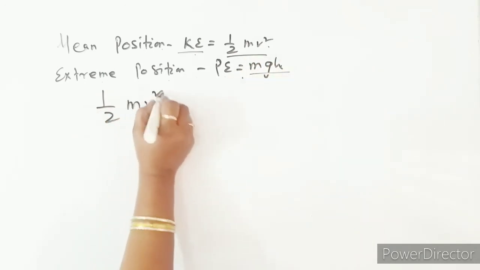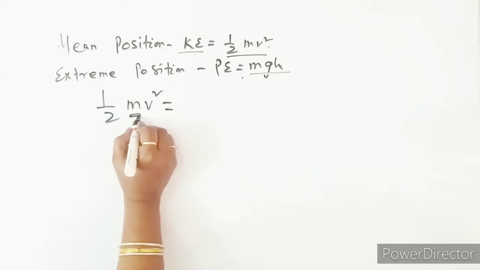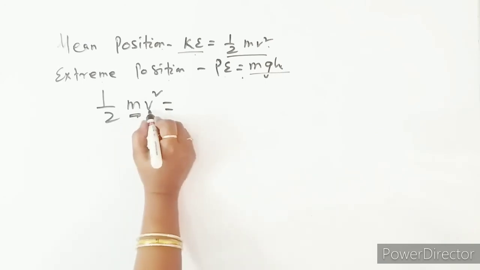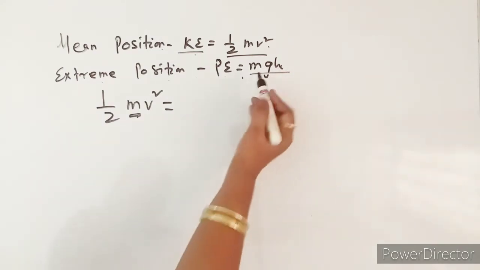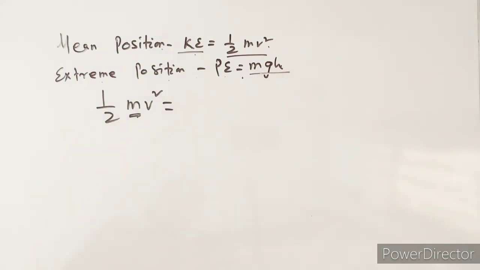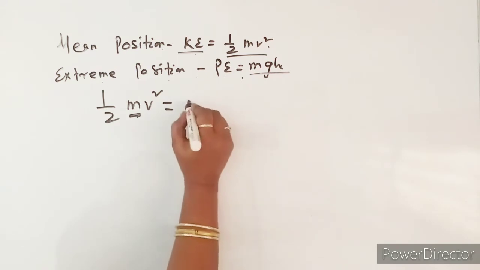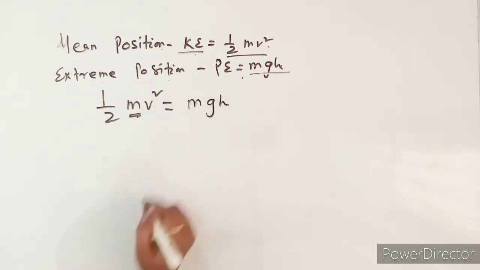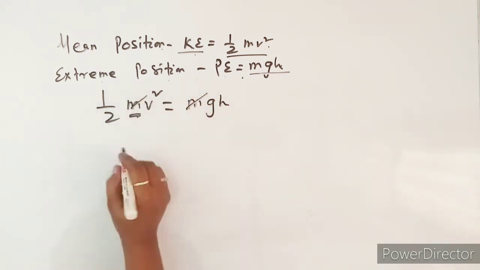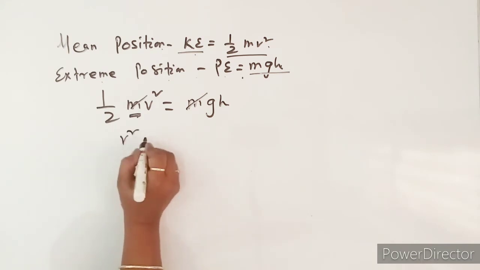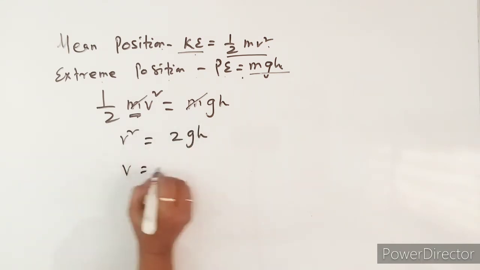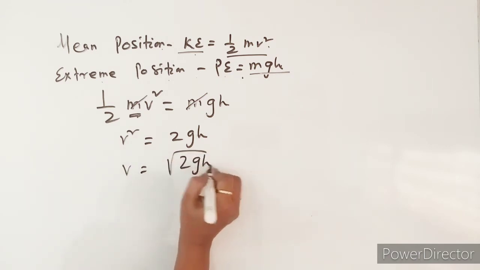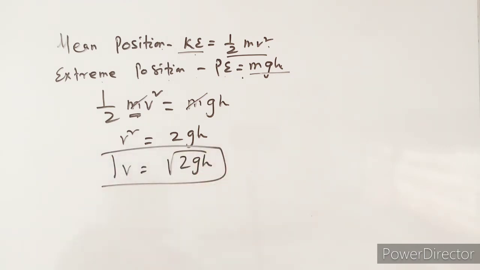Half mv square, where m is the mass of the bulb, v is the velocity of the bulb, h is the height and g is the acceleration due to gravity, equals mgh. So v square equals 2gh, and v equals root over 2gh. This much should be the velocity.